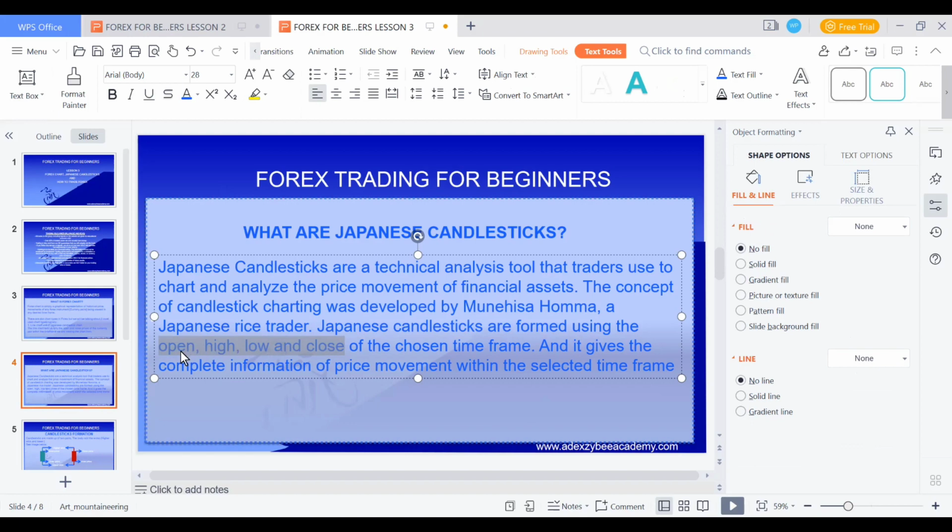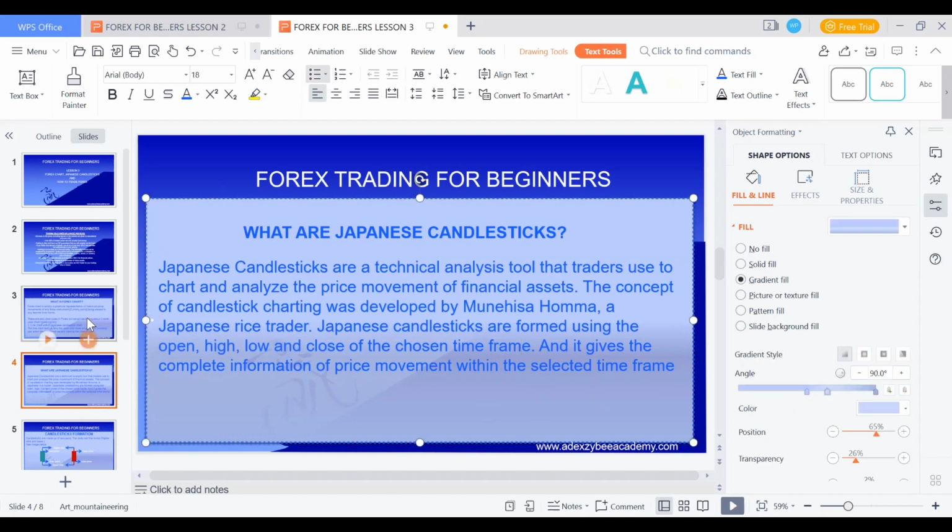Remember, for line charts, we only have open and close, but with Japanese candlesticks, we have more data involved for the chosen time frame, and it gives the complete information of price movement within the selected time frame.